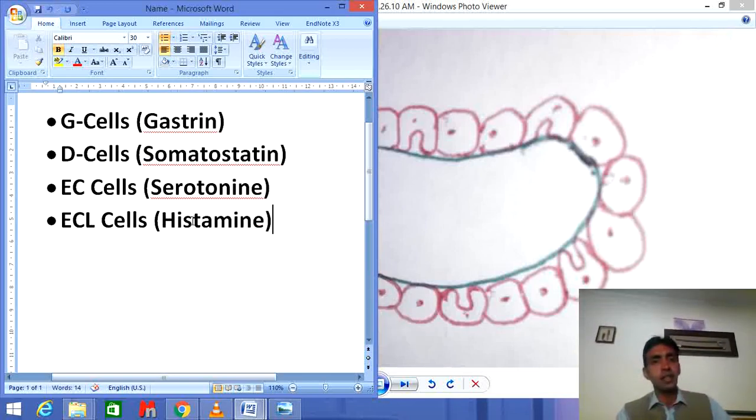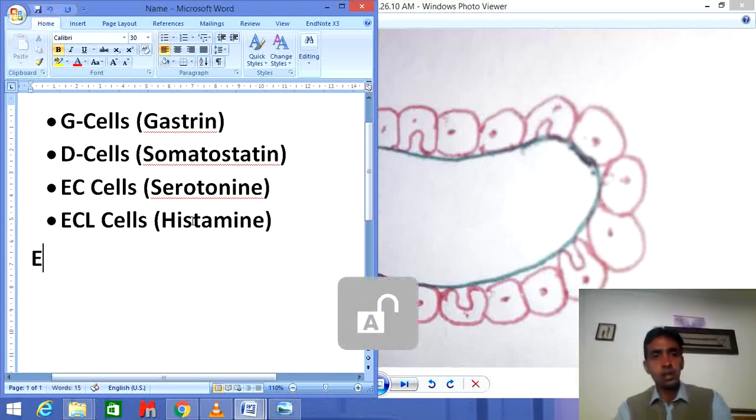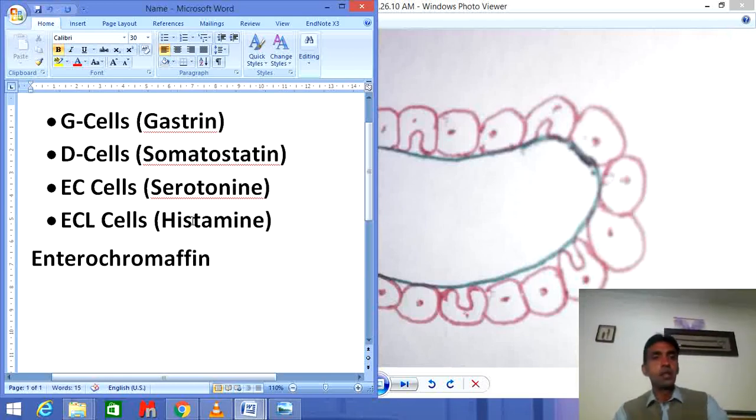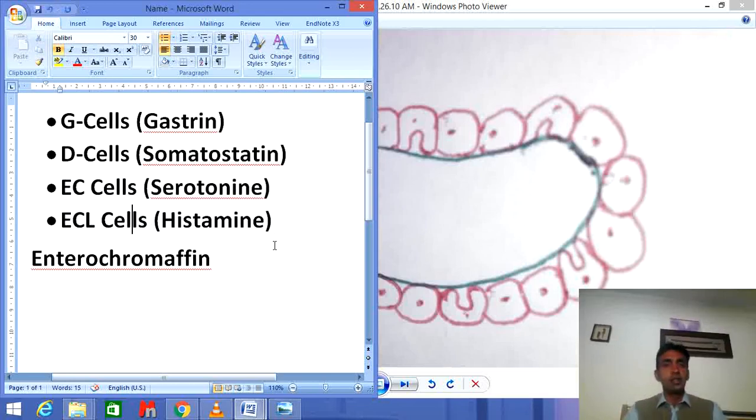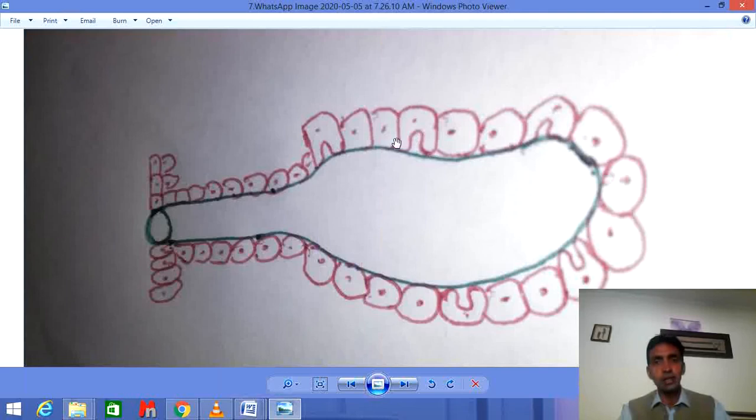EC and ECL, enterochromaffin and enterochromaffin-like cell. L means like. Both of these are paracrine cells, and these paracrine cells are responsible for the stimulation of the parietal cells.